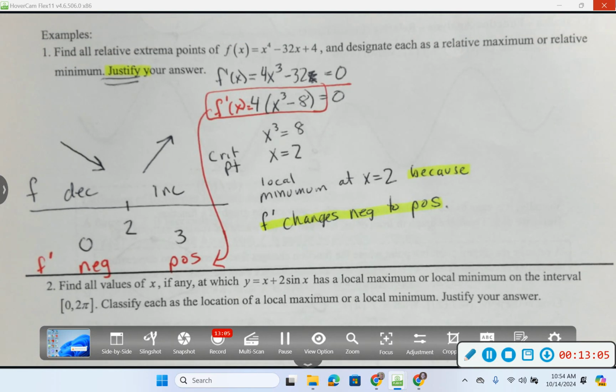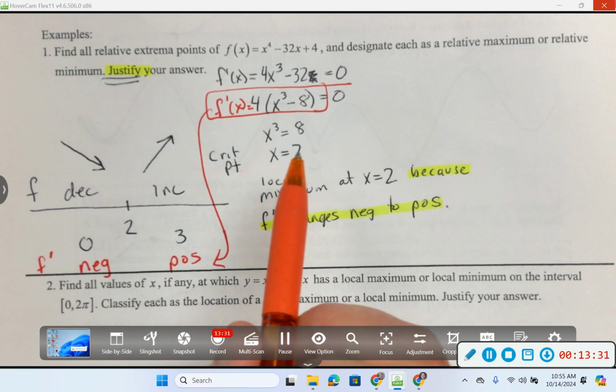Okay, let's reread the question. And I intentionally left something out. I didn't answer this question exactly how it was asked. Find all relative extrema points of that function and designate each as a relative max or relative min. Justify your answer. Why is my answer not quite complete? Do you know? It's not even a calculus thing.